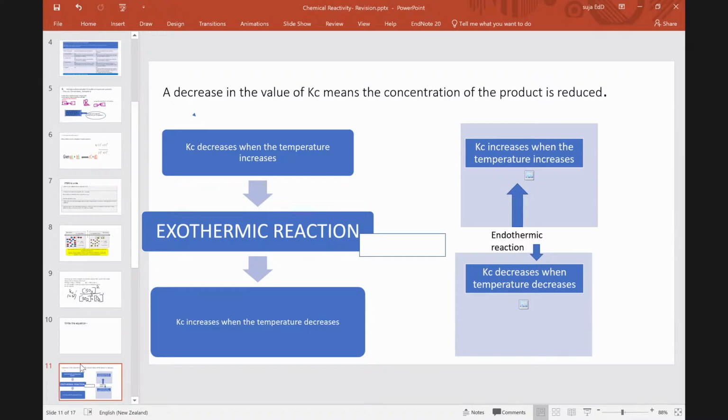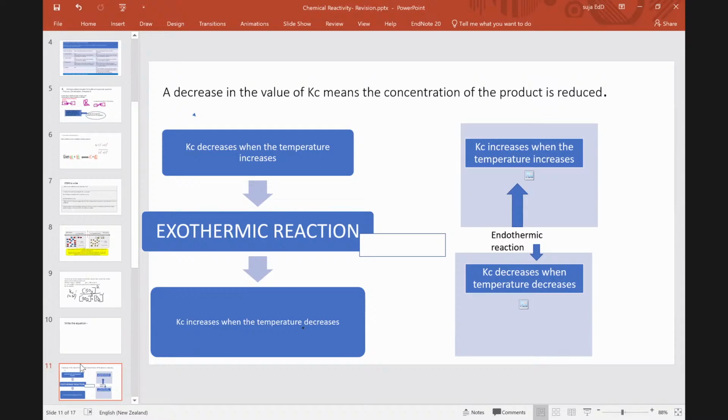Now, we know from yesterday's class what is an exothermic and what is an endothermic reaction. Exothermic, heat is released in a reaction. Endothermic, heat is supplied for a reaction. Now, what happens is in an exothermic reaction, if the temperature increases, the equilibrium constant decreases. If the temperature decreases, the equilibrium constant increases.